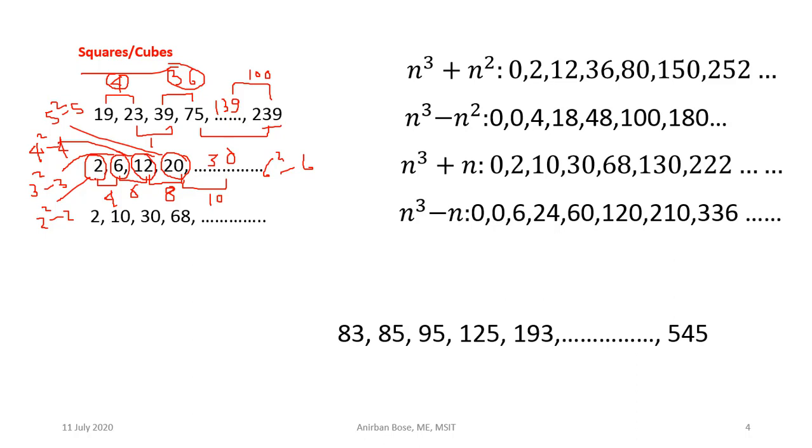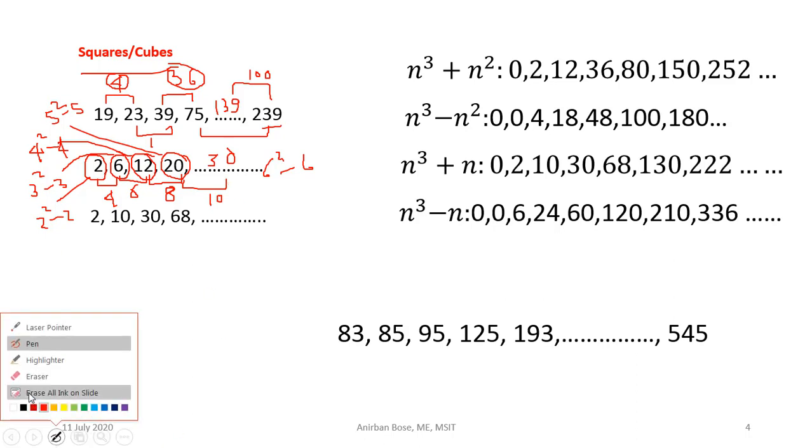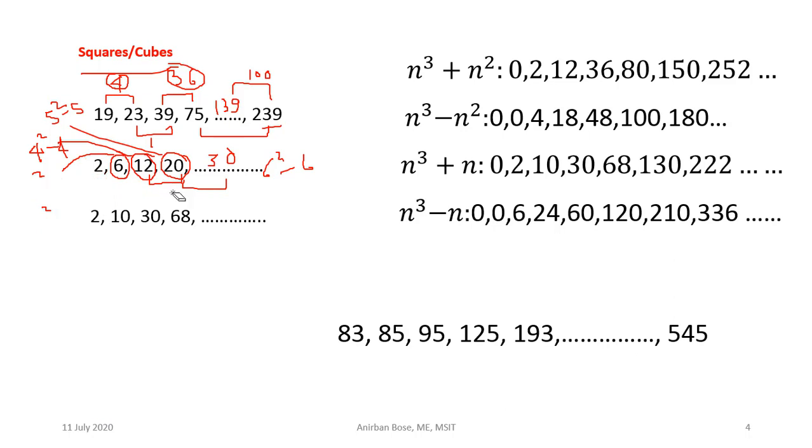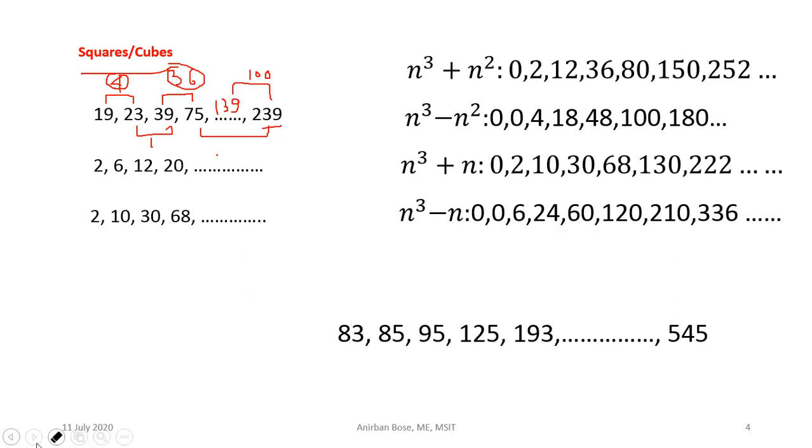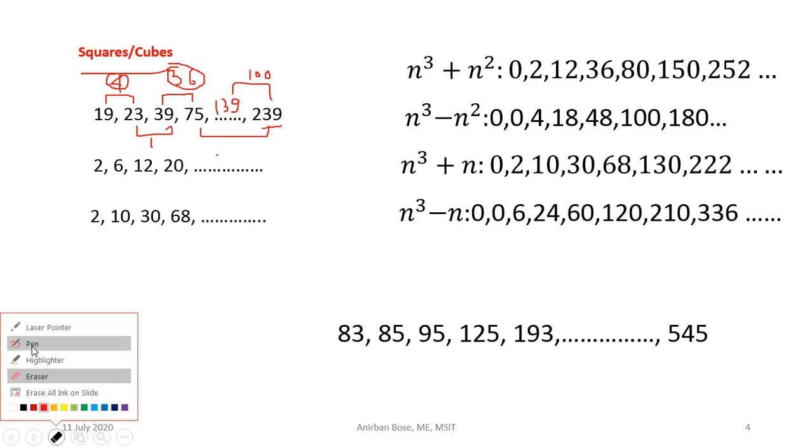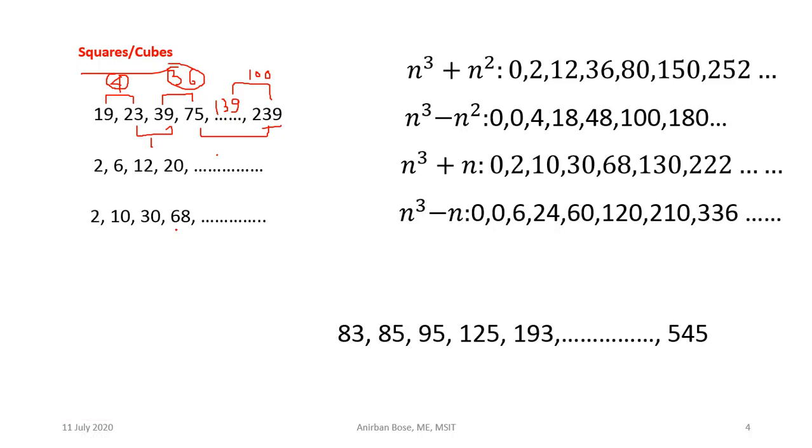Okay, so in this way also you can solve the problem. But you see the power of the difference method, that without thinking in this way you can also find out the answer. Now let's go to the next problem. It is 2, 10, 30, 68.